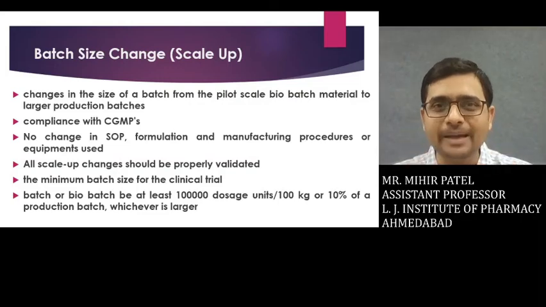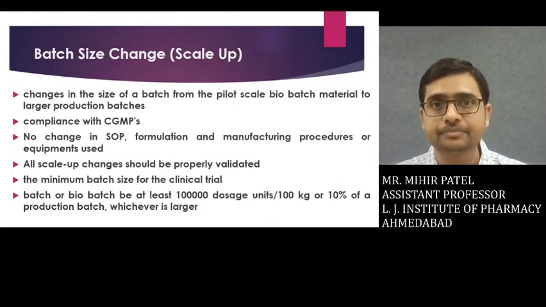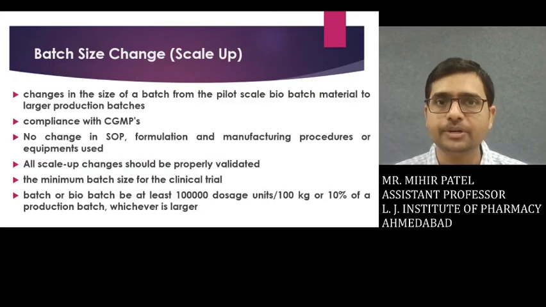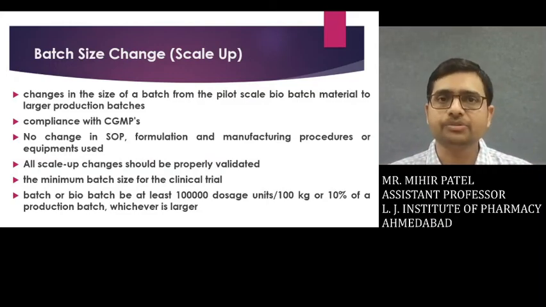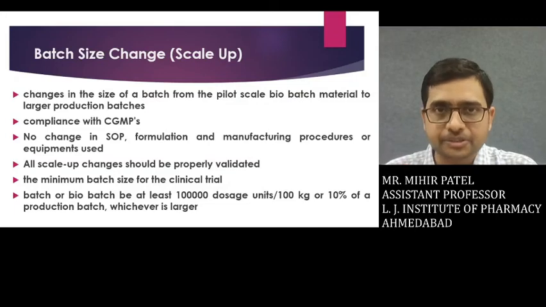So the minimum batch size for the clinical trial should also be considered. With the help of that, we can exactly evaluate the quality of the product. More or less, we can say the minimum is according to the type of dosage form. Suppose if we consider units, it should be 1 lakh units.